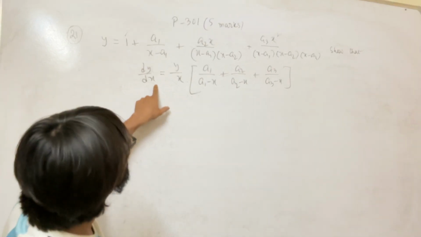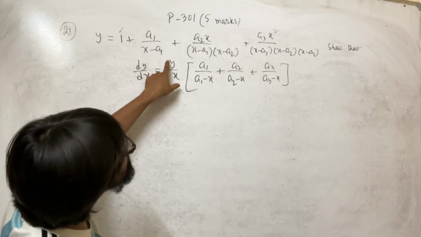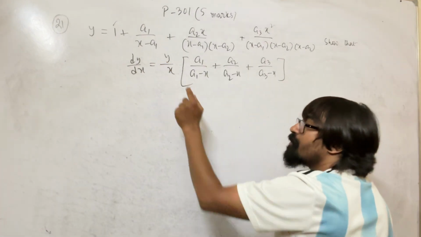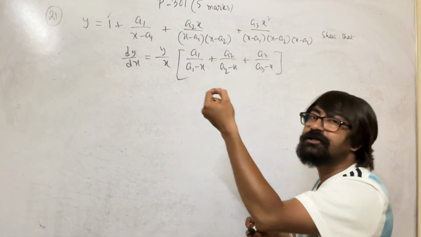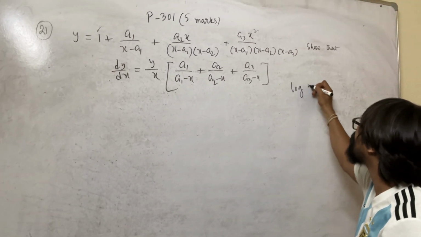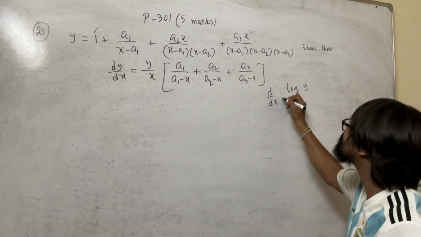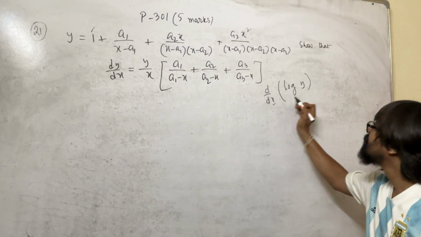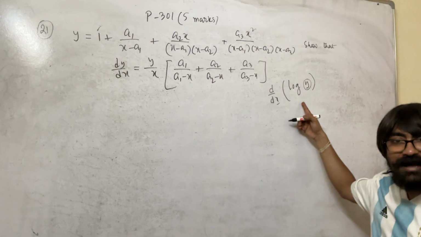What do we see here? We see dy/dx is equal to y by x. Now look at this. How do you analyze where I am standing and where do I need to go? Let's say there is a quantity log y and I want to apply d/dx over it. We are differentiating with respect to x, but the variable I can see here is y.